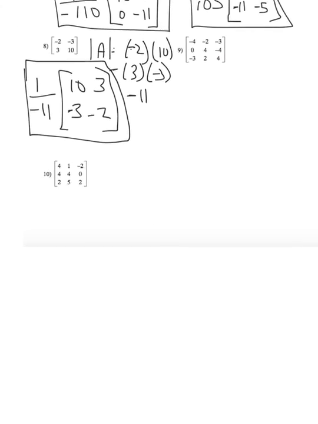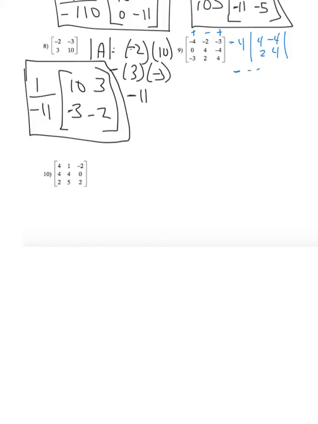So let's see if we can get this number 9. I'll try not to make the error this time. So for the determinant, I need plus, minus, plus. The determinant's the easy part. Okay, so I need -4 times the determinant of what's left. That's the 4, -4, 2, 4.